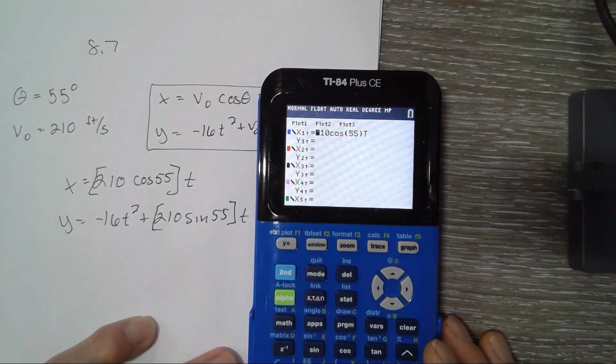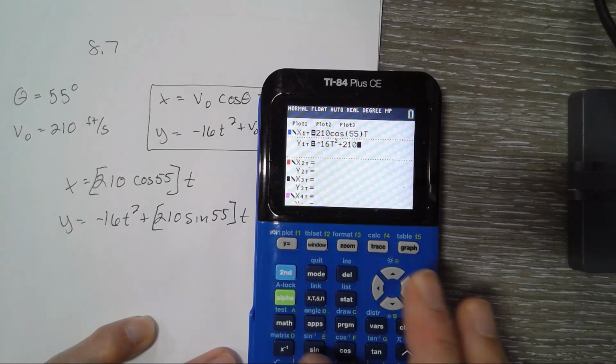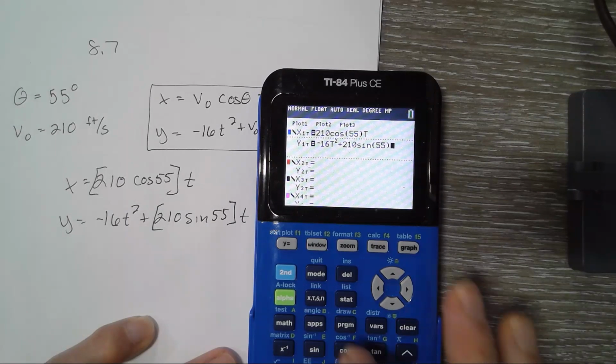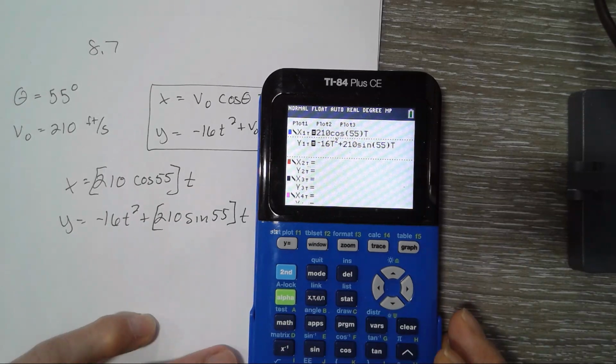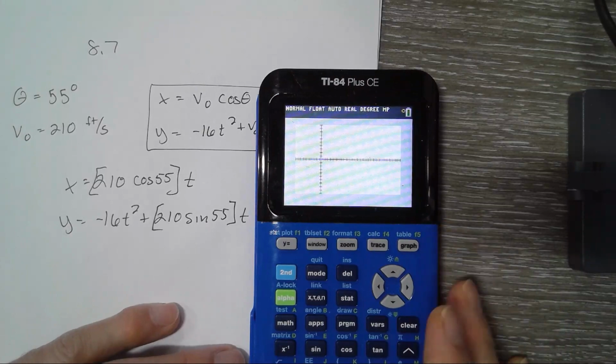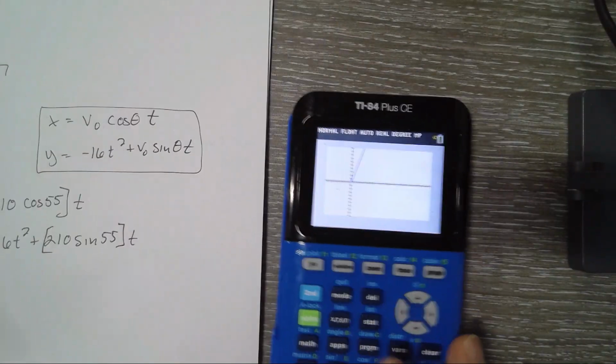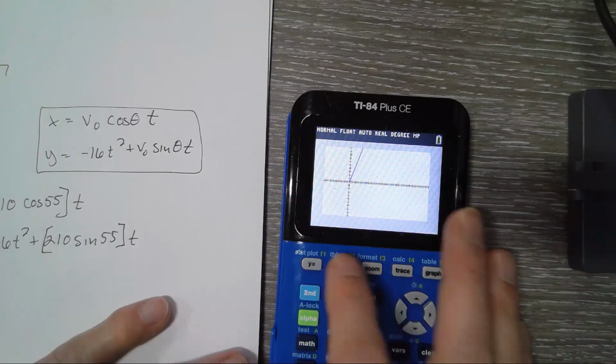And my y is negative 16 t squared plus 210 sine of 55 t. Alright, so we have our equations. I know our window is not going to be even close, but I'm going to graph it, and there goes the projectile. Alright, so it's going pretty fast off the screen, so I need to go to the window.